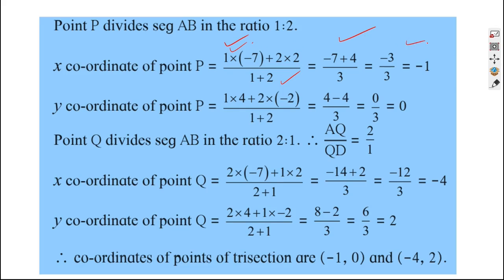Applying the formula, we got the x coordinate of P, then the y coordinate of P. In that case, point Q also divides in the ratio 2:1, so we will get the x coordinate of Q and the y coordinate of Q. Having got all these coordinates of the trisection points, we can write the coordinates of one trisection point as 0, -1 and 0 as the point P, and that of Q as -4 and 2. So even trisection or more than that we can find with the help of the section formula.